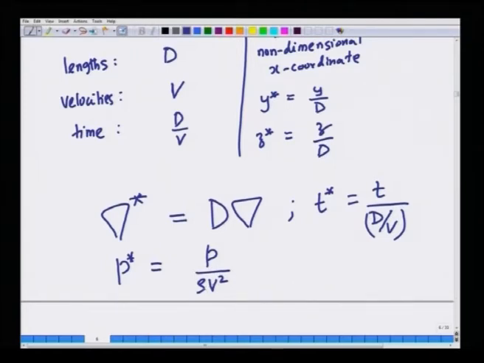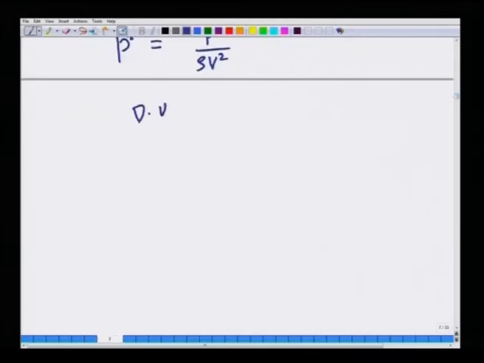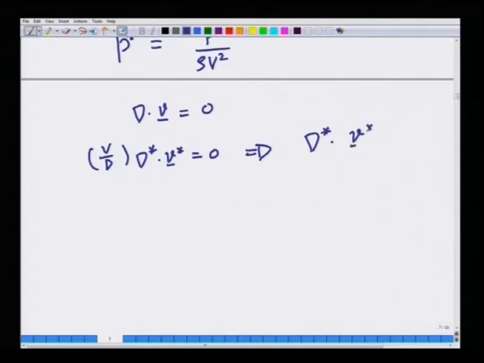Okay. So, when we do all this, we have the continuity equation del dot V is 0. Now, we get V by D times del star dot V star is 0. This implies that the continuity equation simply becomes del star dot V star is 0.